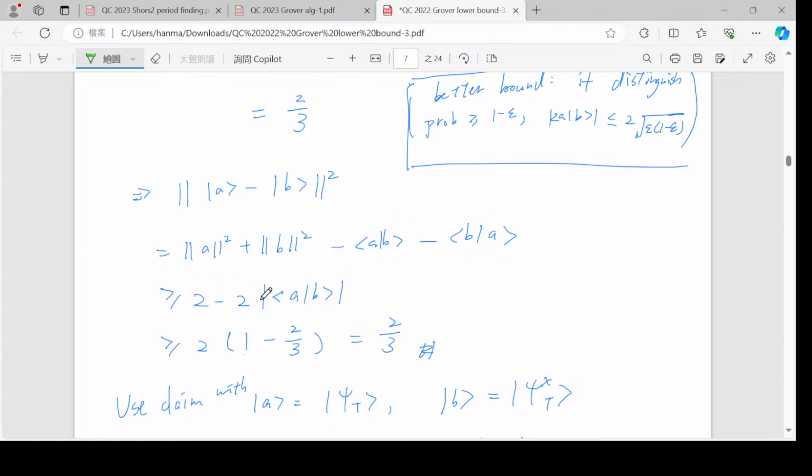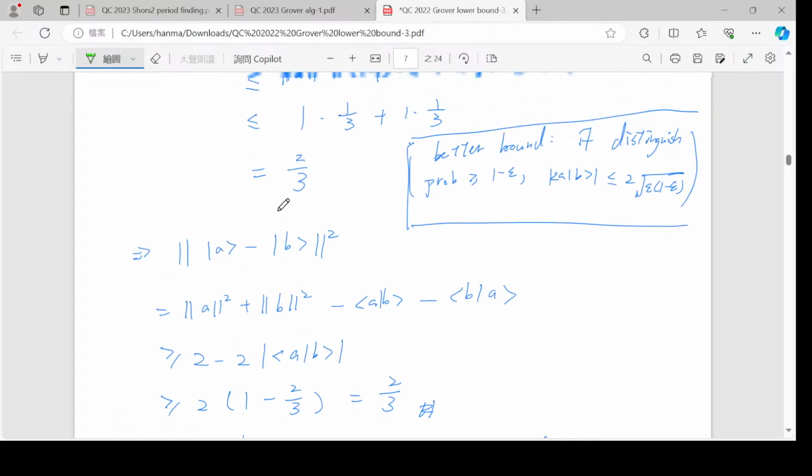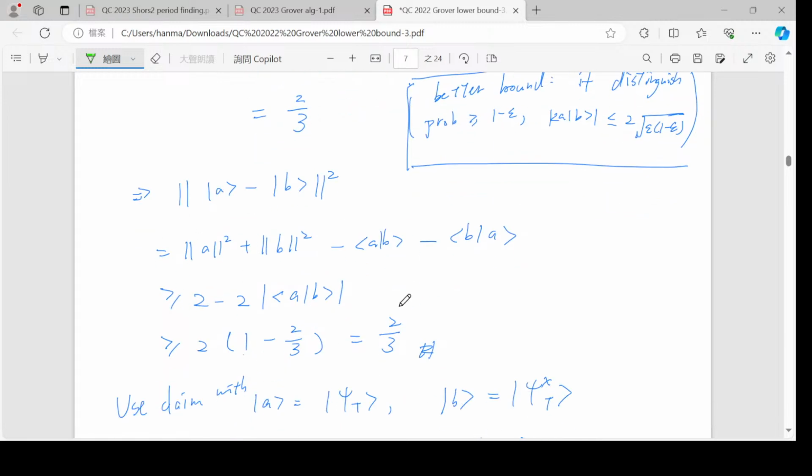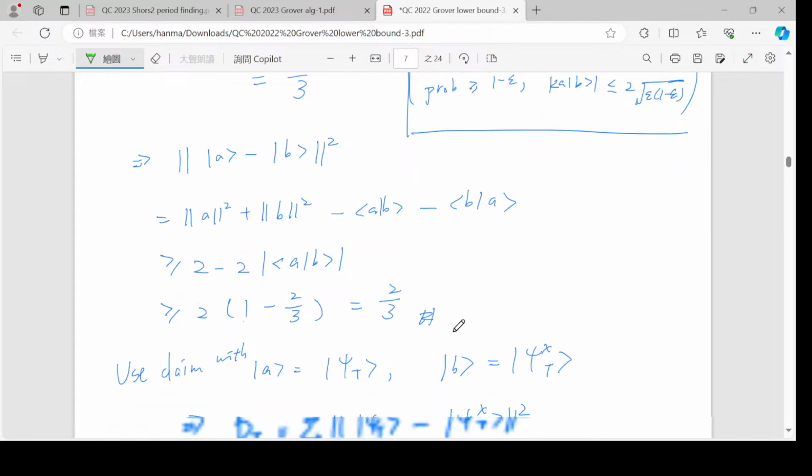It will be greater than or equal to 2, from the norm squared because they are normalized vectors, minus twice the inner product, because the most you can subtract is the norm. But we have an upper bound on the inner product, so we have a lower bound on this distance. So the distance is at least 2/3.